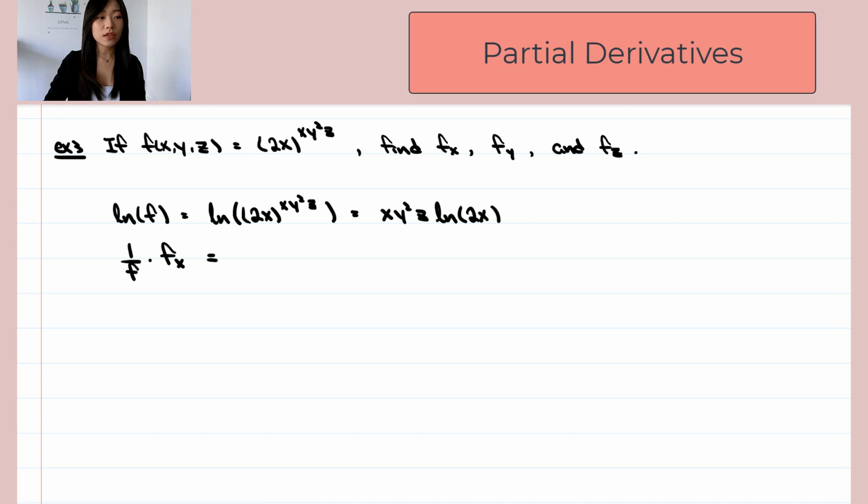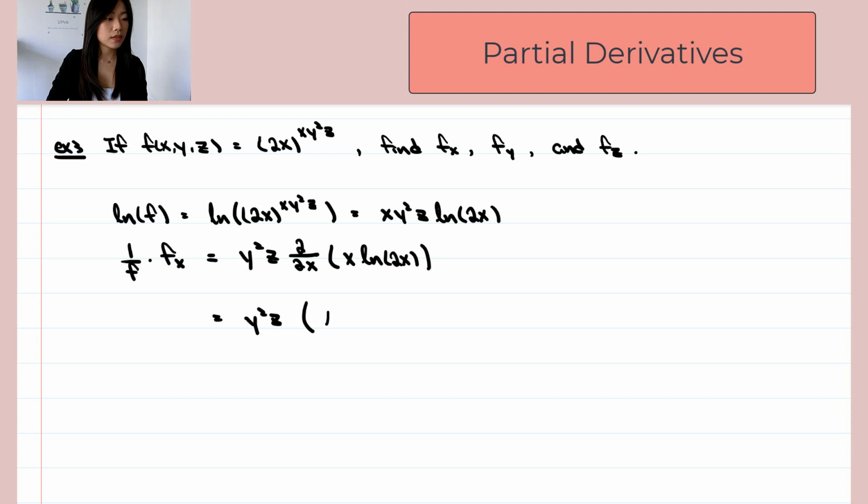Then I'll need to use the product rule. I can first factor out the constant y squared times z, then find the partial derivative with respect to x of x times ln of 2x. Then I expand the partial derivative using the product rule. So this equals y squared times z, then times the derivative of x, which is 1, so ln of 2x, plus x times the derivative of ln of 2x.